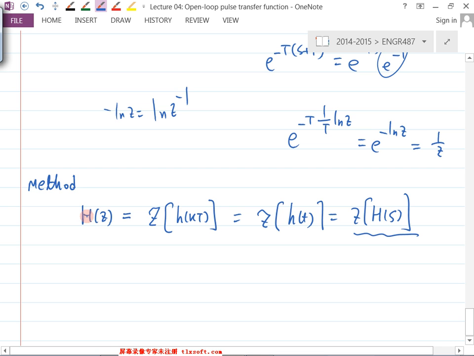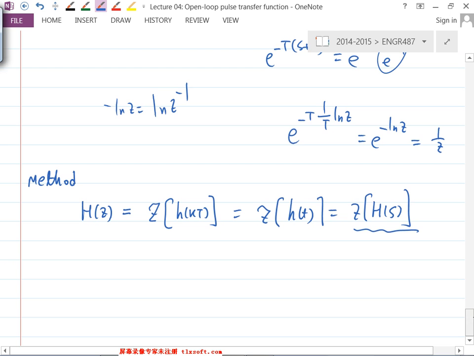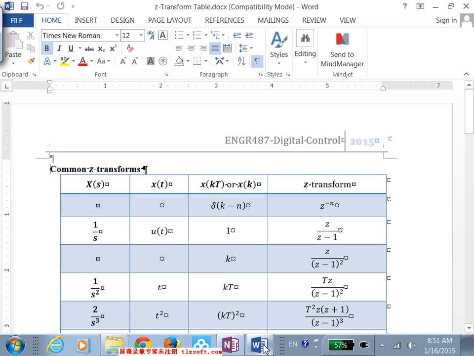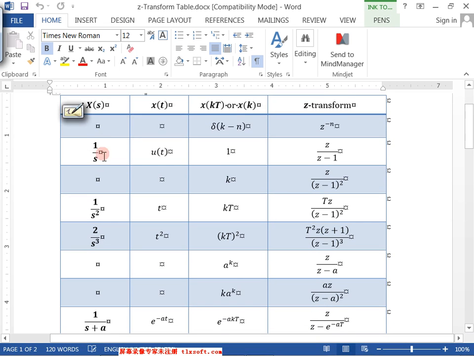That's the underlying process. However, what simplifies the situation is, if you look in your table, you have the simplest form of h of s, x of s.